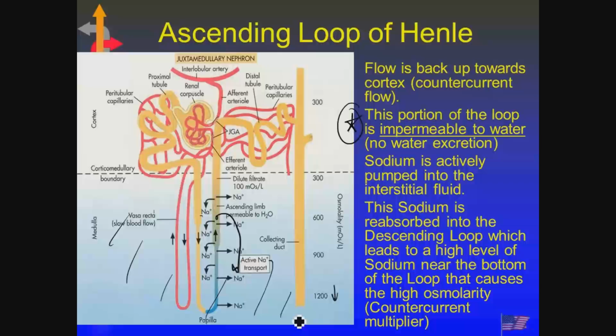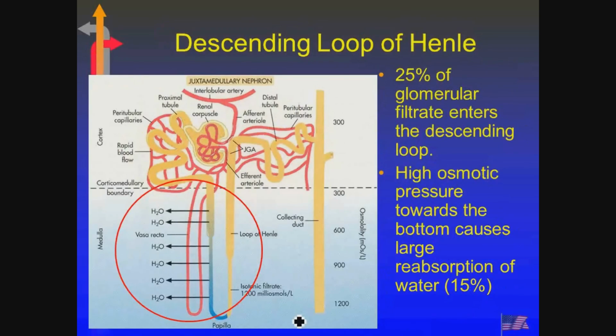And sodium, as we'll see, is a very high osmotic pressure. When that sodium is there, the tendency of water to follow it is very great. Problem is that it can't do it in the ascending loop because the loop is impermeable to water. So that high level of sodium then causes that environment to want to promote water movement.